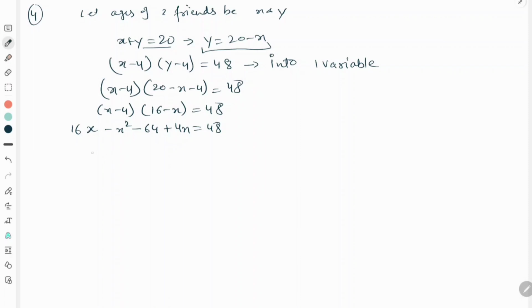We can write it as 20x minus x square minus 64 plus 48 equal to 0. If you solve it, you will get something like this: x square minus 20x plus 112.